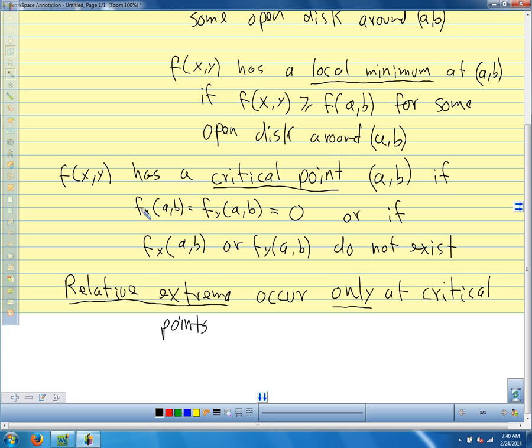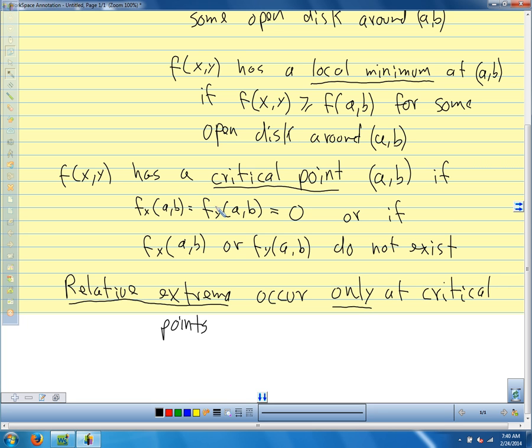And in the last couple of lessons, we talked about if f_x and f_y at a particular point both equal 0 at the same time, that tells us that our tangent plane is horizontal, because our gradient at that point is going to be the 0 vector. So every directional derivative at that point is 0, and our tangent plane is horizontal. So this condition that the first partials in x and y are 0 at the same time is the same as the idea that our tangent plane is horizontal.